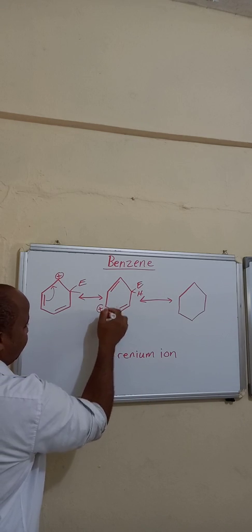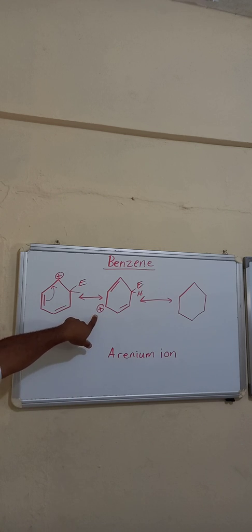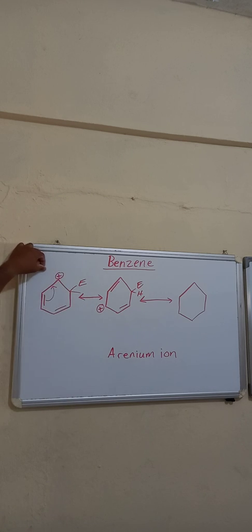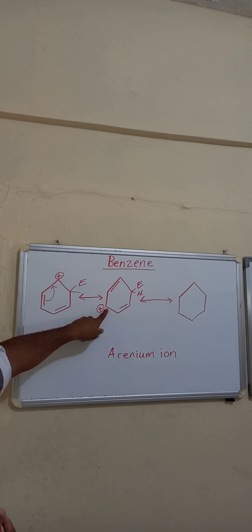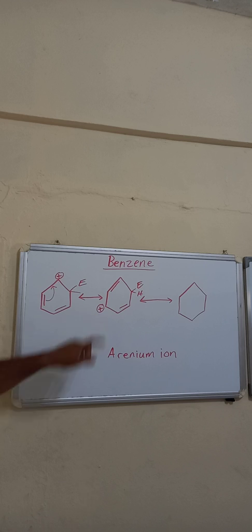So a carbon with 3 bonds is going to have a positive charge. So in trying to get rid of the positive charge from this carbon atom, the pi electrons from this double bond move up. As a result, the carbon here gets a positive charge.